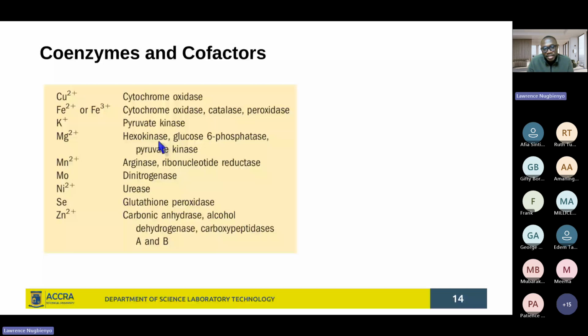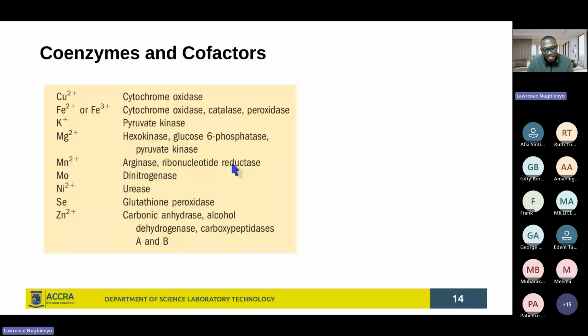Well, the name will tell you, yes, it will be involved in a transfer of phosphate group, maybe to give you glucose 1,6-biphosphate, after you have only one phosphate group. And then again, pyruvate kinase. Manganese ions are serving as cofactors to arginase and ribonucleotide reductase.